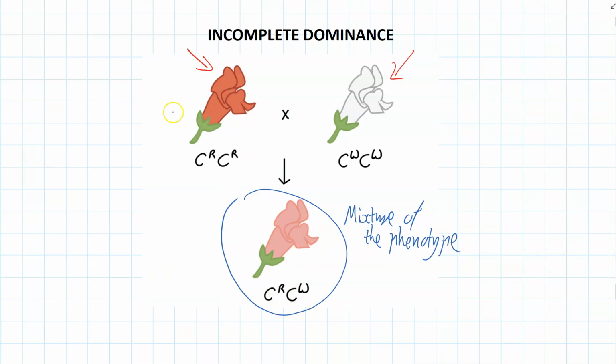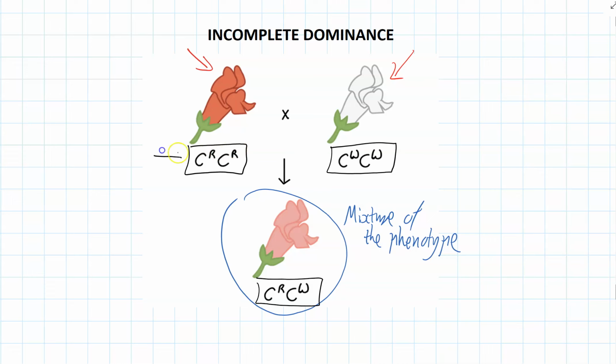This is an example of the way we write the alleles for incomplete dominance. You can use a superscript, which just means a small letter at the top. So in this case, we've got C as just the gene, and then you've got R to represent the red allele, and then a W to represent the white.